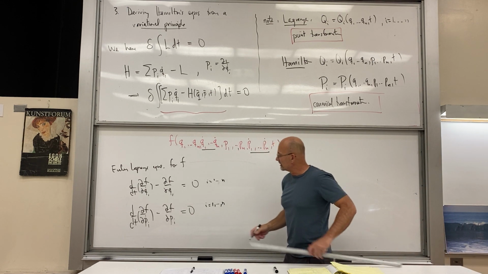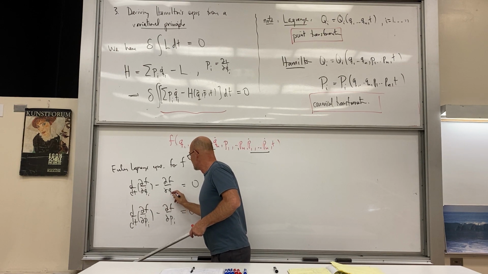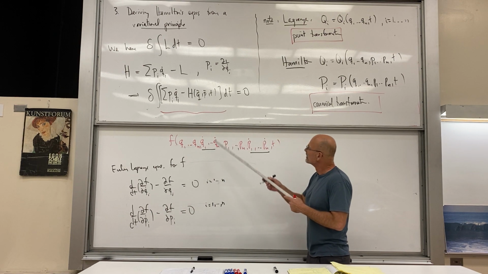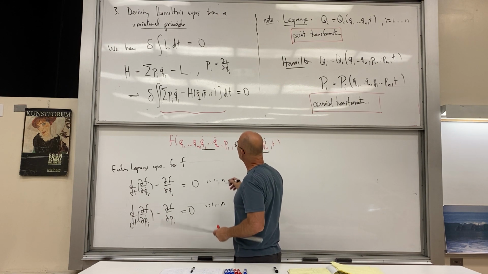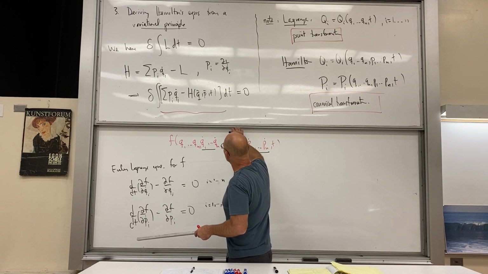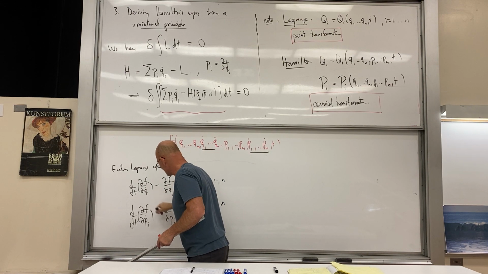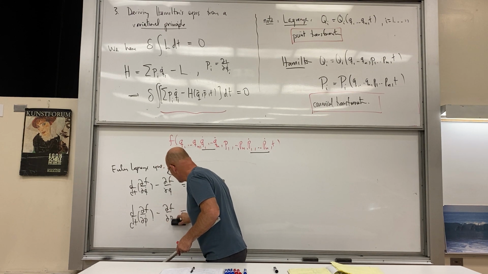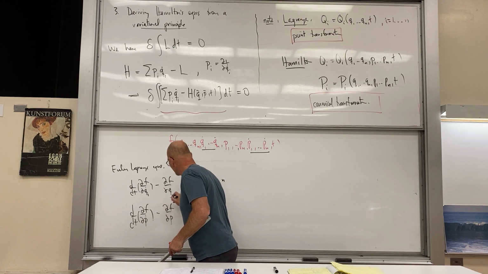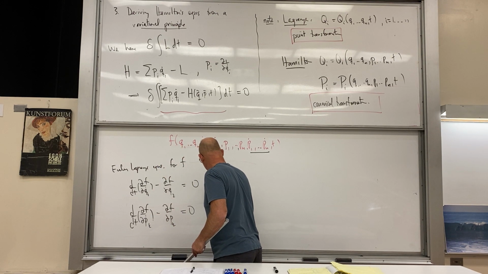Good, so how about here? dF/dQ_i dot. We're going to get, and since I have i right there, we got to call something K. We'll do it right here. Use K just to not get mixed up there. That makes no difference.